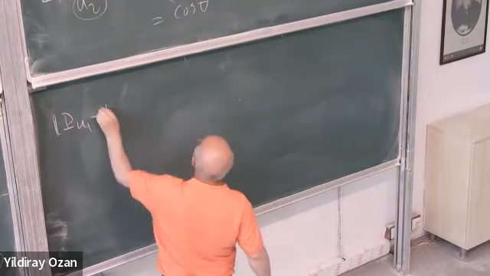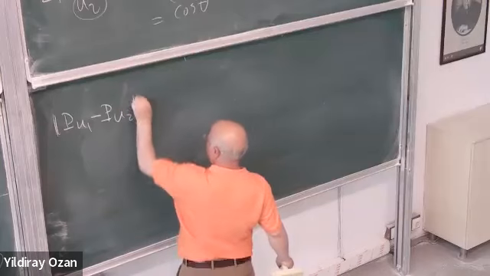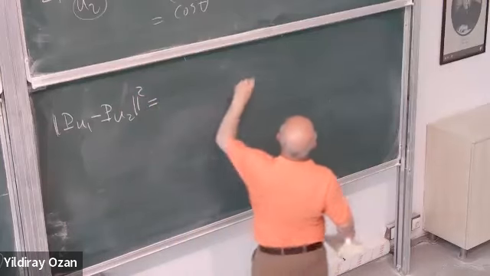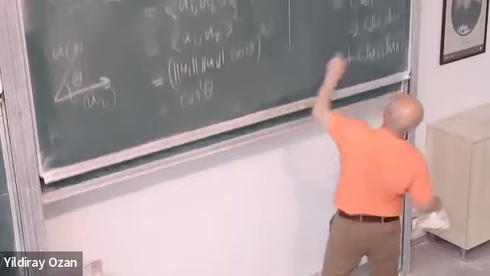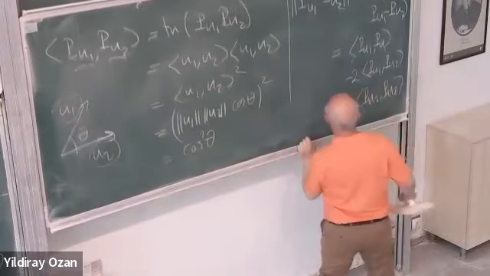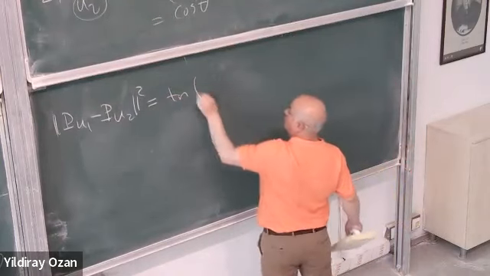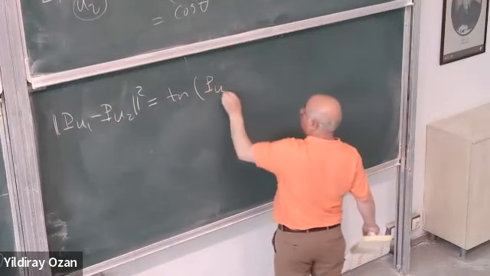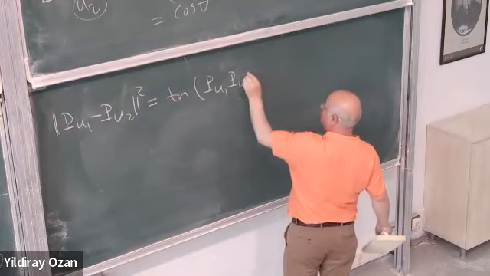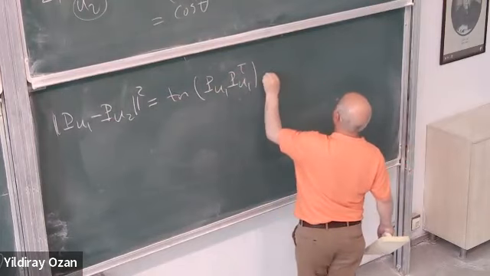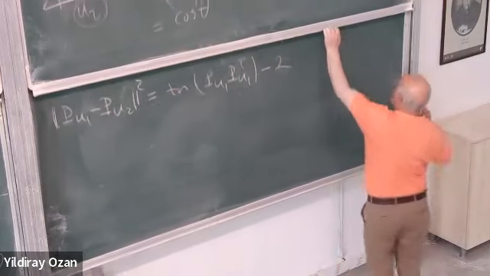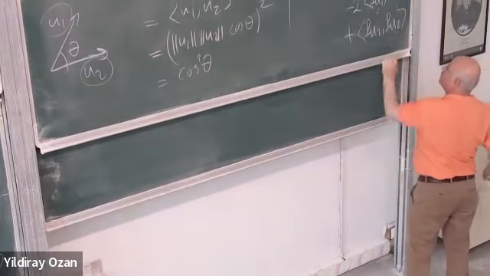Now, the squared distance between PU1 and PU2 is the trace of PU1 transpose PU1 minus 2 times this inner product.